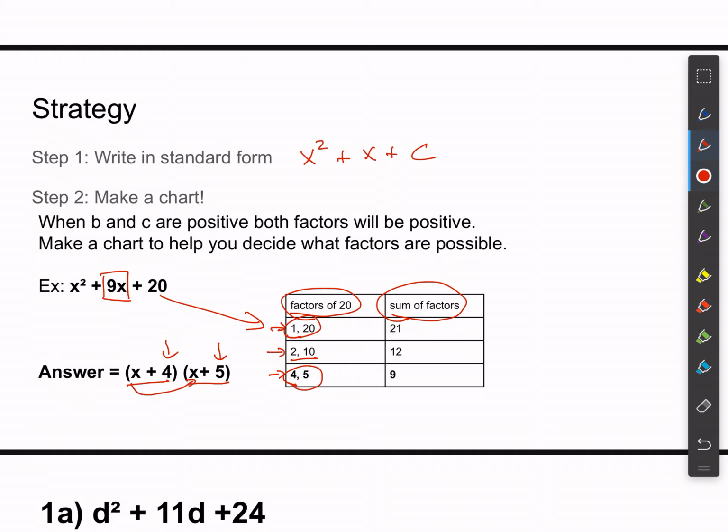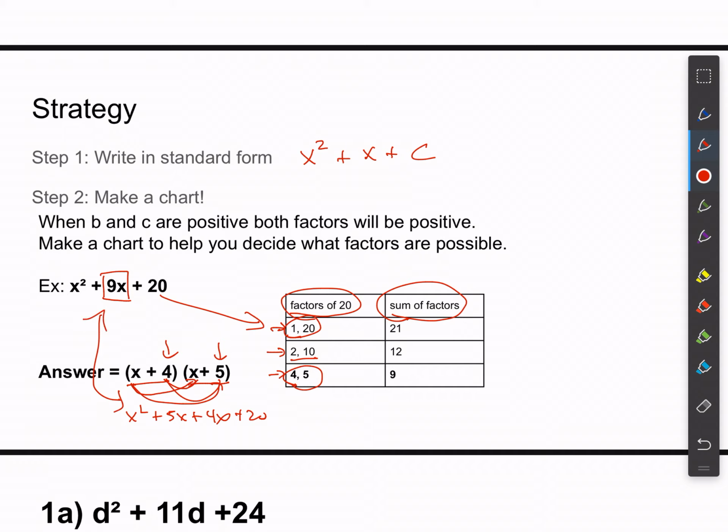X times x gives me x squared. X times 5 gives me 5x. So if I FOIL this out, I would have x squared plus 5x plus 4 times x, which is 4x, and then 4 times 5, which is 20. So when I FOIL it back out, I get my original back. And that's so crucial here.